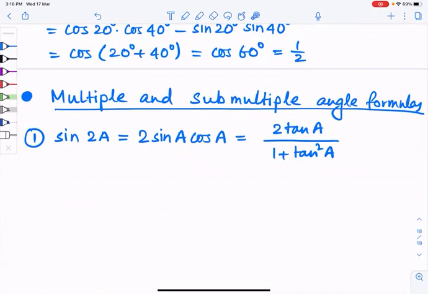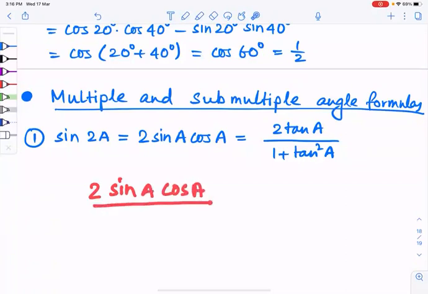If I divide this, I will just show you here. 2 sine a cos a, divide by cos square a into sec square a. Because cos and sec get cancelled, if I multiply cos and sec, there is no problem.